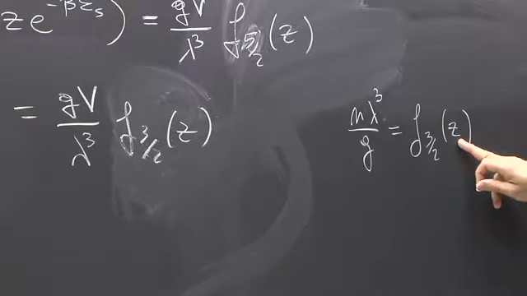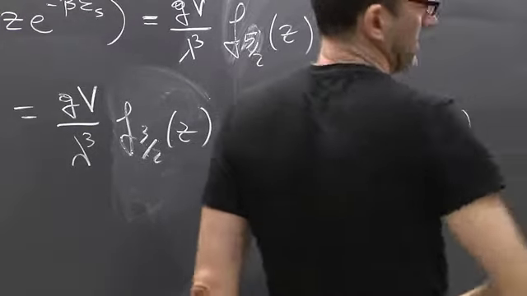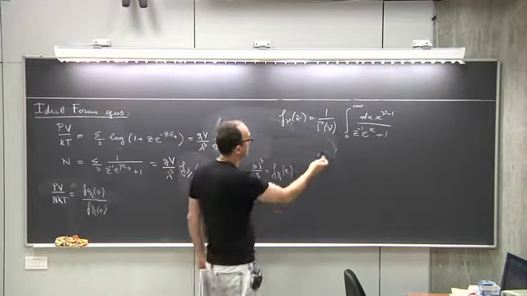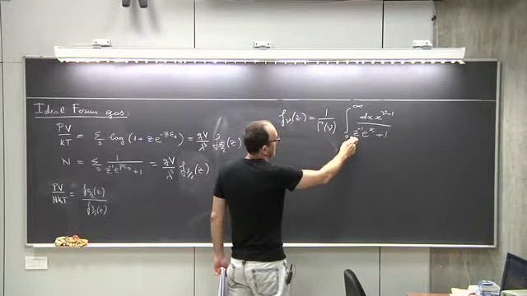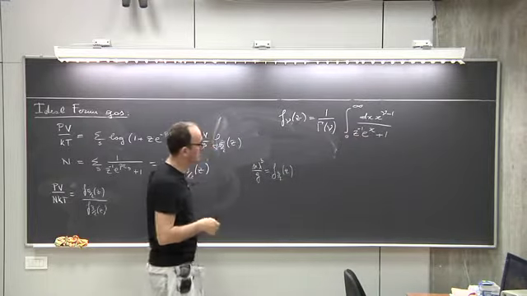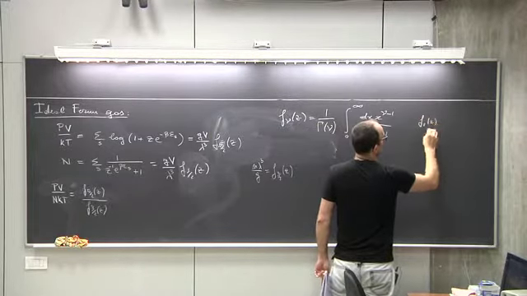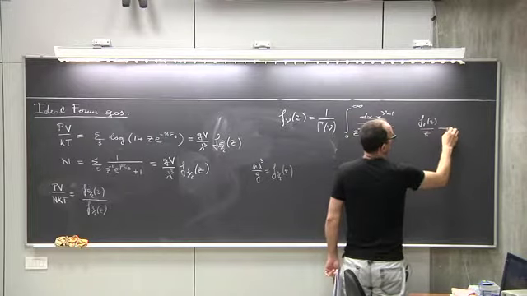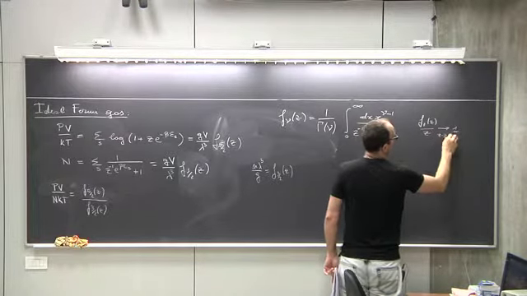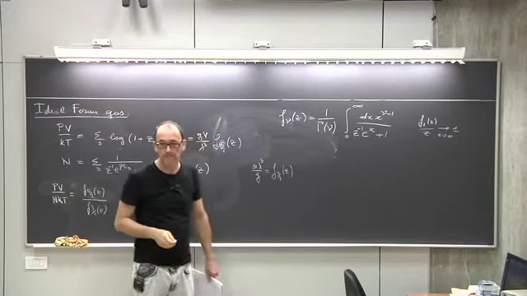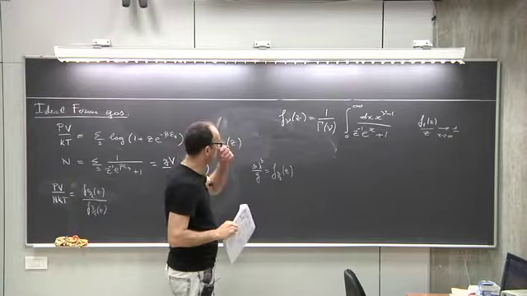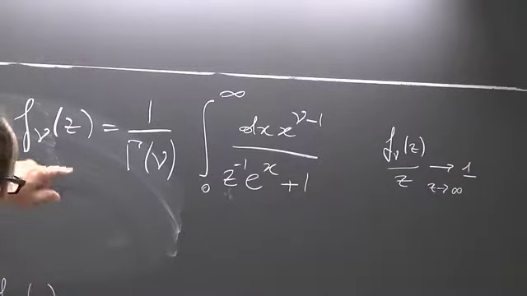Now you can see that all these functions are essentially proportional to z, in the sense that f nu of z divided by z goes to 1 as z goes to 0. Indeed, the regime of high temperatures and low density will again correspond to the regime of small z. Okay, when z is very small.